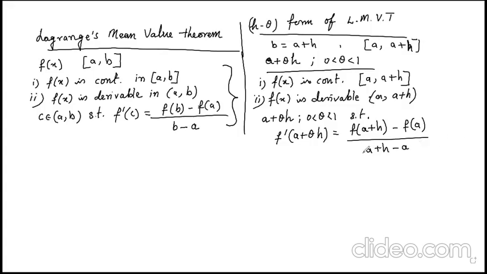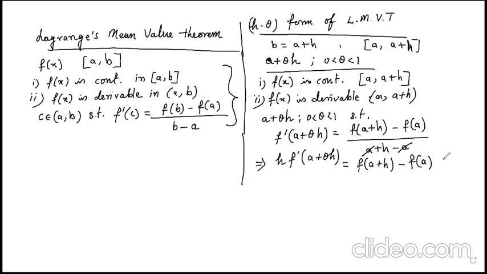So now from the denominator, h gets cancelled out, and if I simplify this, it will be h times f dash a plus theta h equals f of a plus h minus f of a, right?